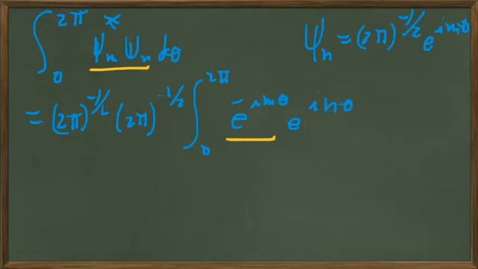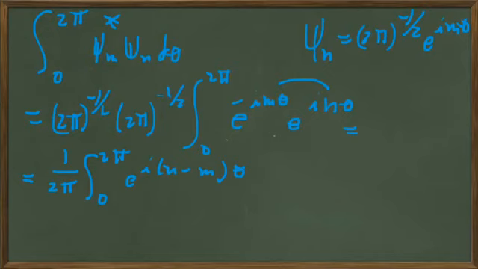If we combine those two terms together by adding the exponents, we get e to the i (n minus m) theta.